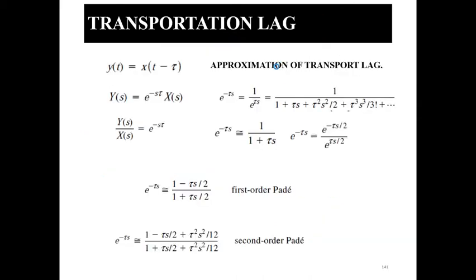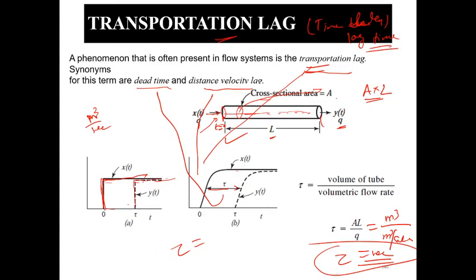Now come to the next question. How mathematically are we going to solve this transportation lag? Let's say you got y(t) at x(t). If I am writing y(t) in terms of x(t), how can this be written?